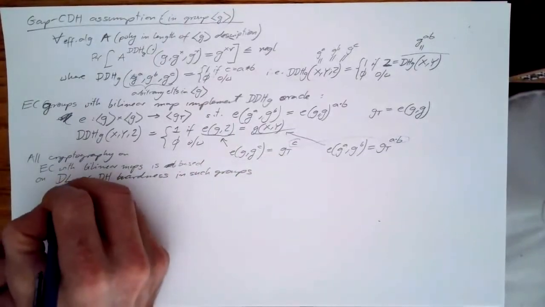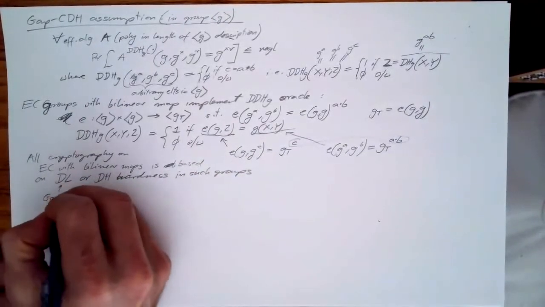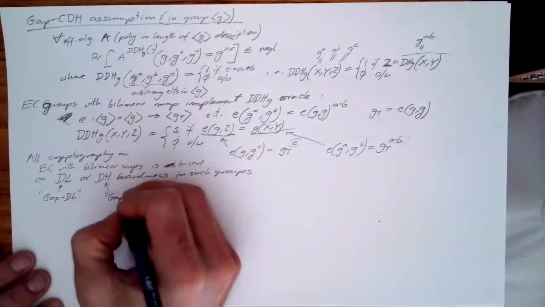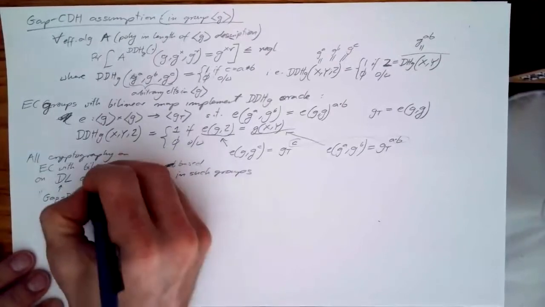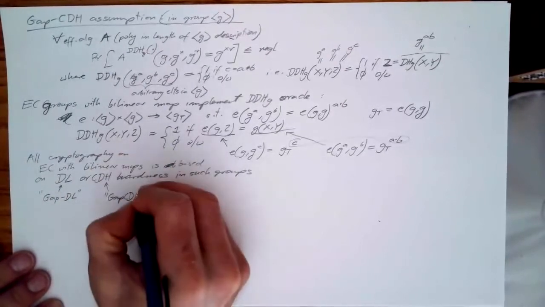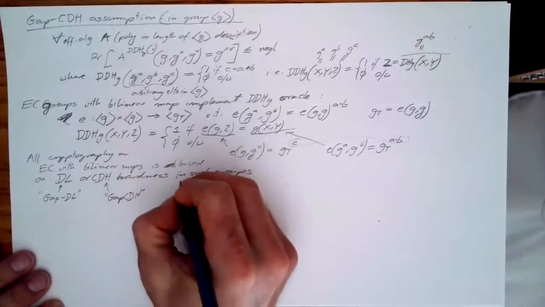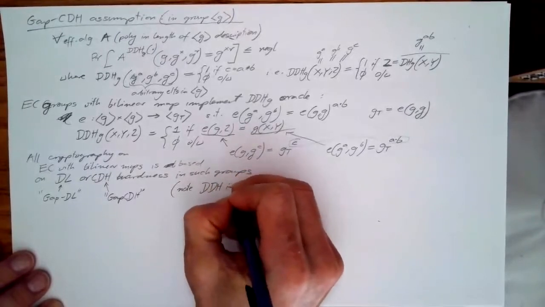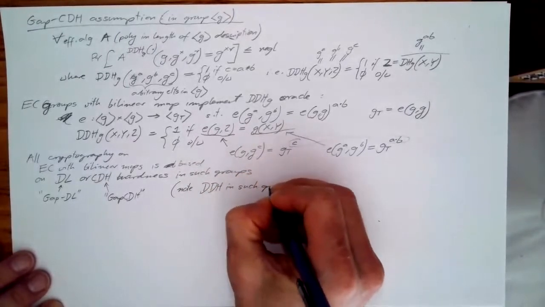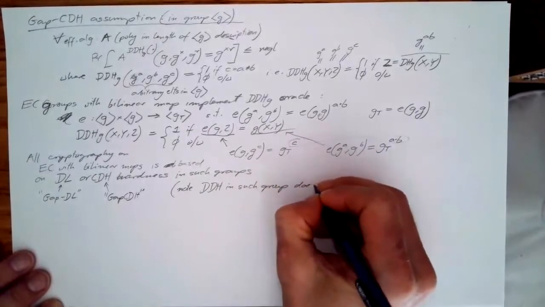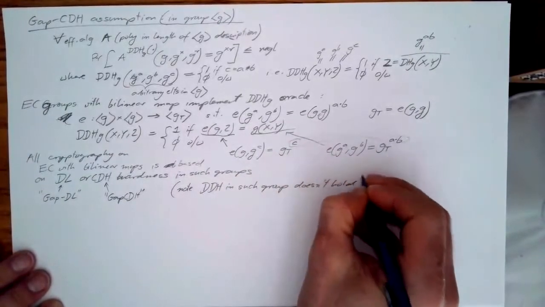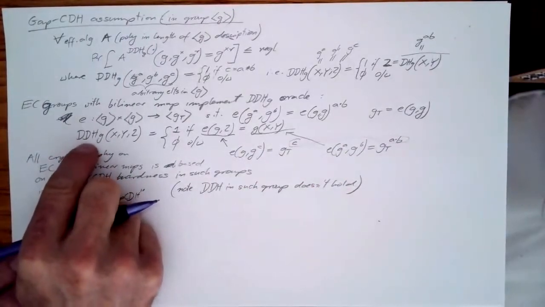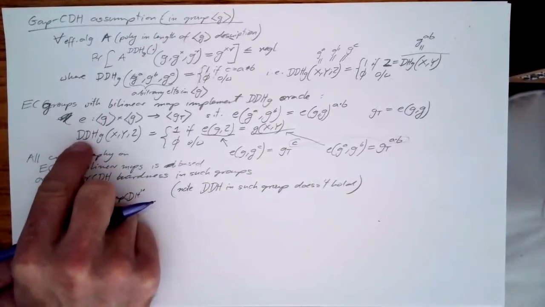And DL in such a group is called gap DL, and Diffie-Hellman is gap Diffie-Hellman, so computational Diffie-Hellman. Note that decisional Diffie-Hellman in such groups doesn't hold, because this oracle is precisely deciding the decisional Diffie-Hellman problem.